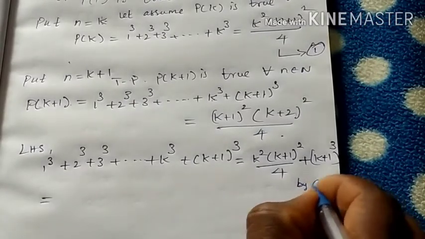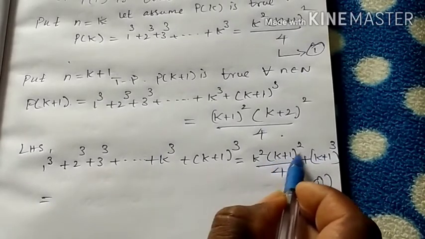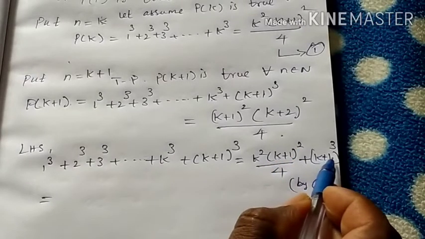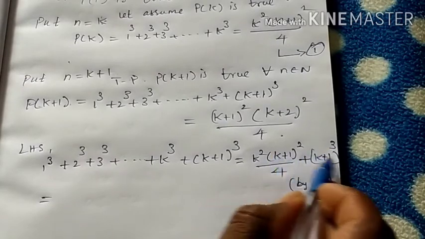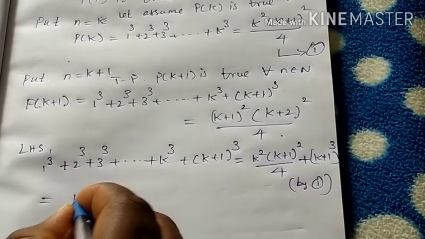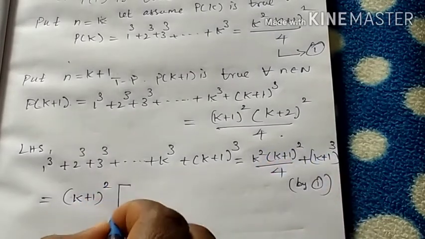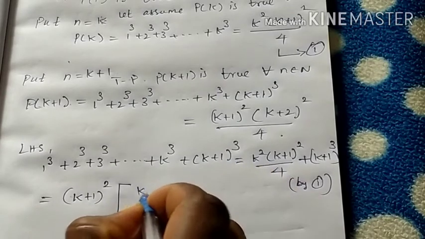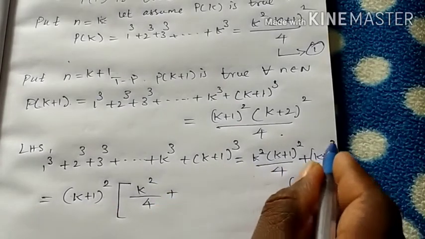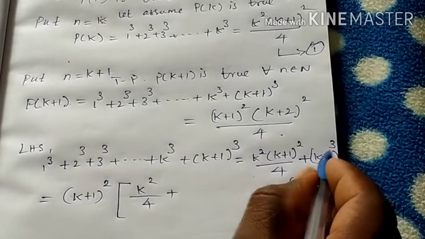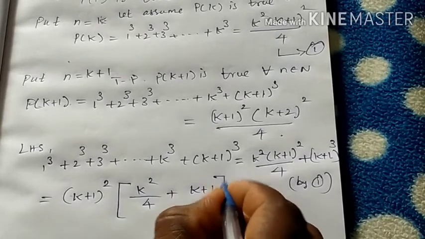Here we have (k plus 1) squared and (k plus 1) cubed. (k plus 1) is common to both terms, so (k plus 1) the whole squared is common. The remaining is k squared divided by 4 plus the (k plus 1) term, since (k plus 1) squared is already taken outside.